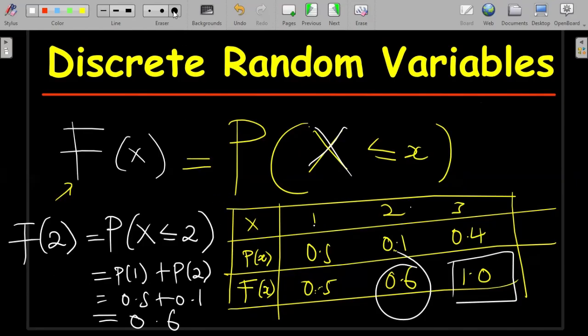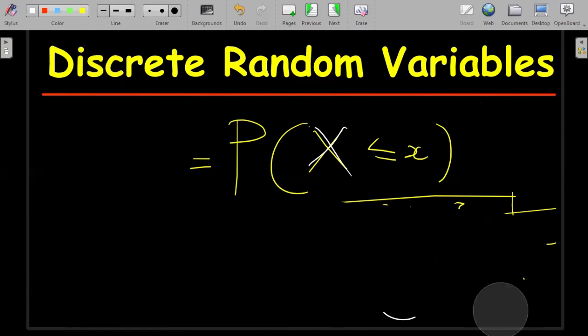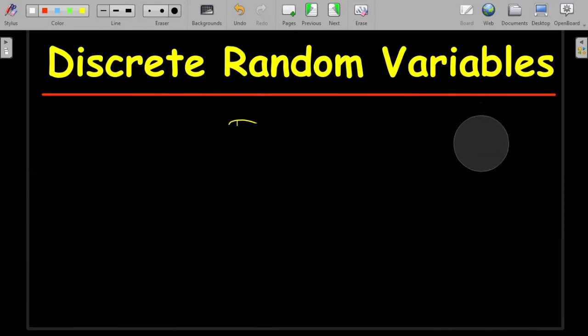And then the other thing, now we have to know how to calculate the expected value and the variance. So the expected value is simply the average. You know how to find the average, right?